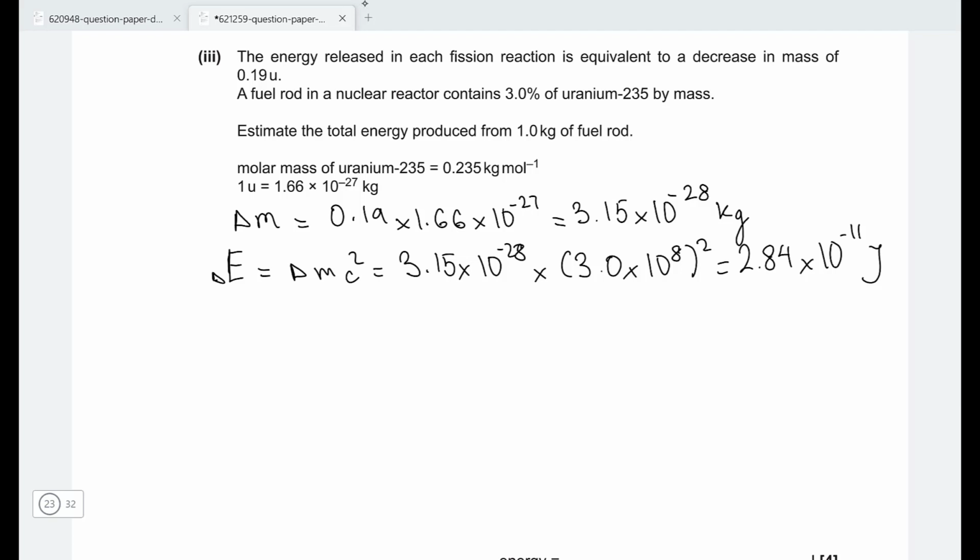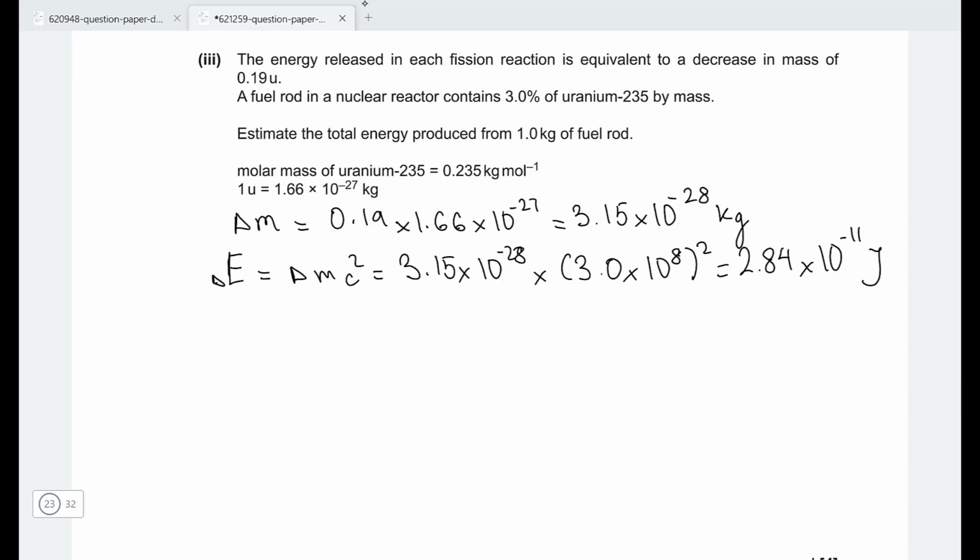In order to estimate the total energy, we must find the total number of particles in this sample of uranium-235. So how are we going to do that? Remember, the formula for the number of particles is mass divided by molar mass, times Avogadro's constant. A good way of remembering that is m over M, so that's your number of particles, times N_A.